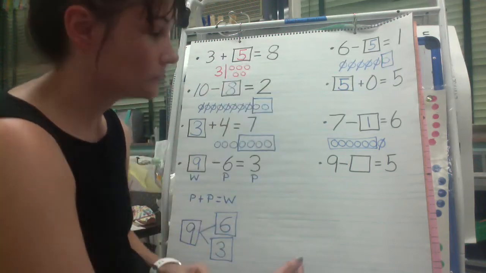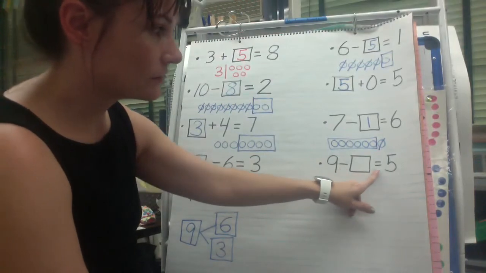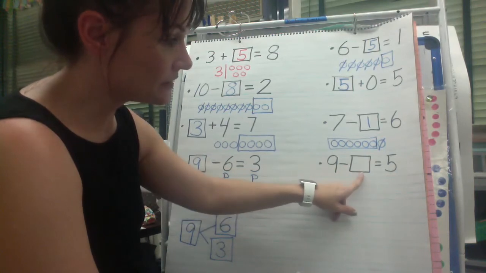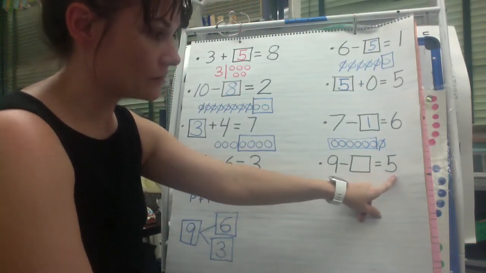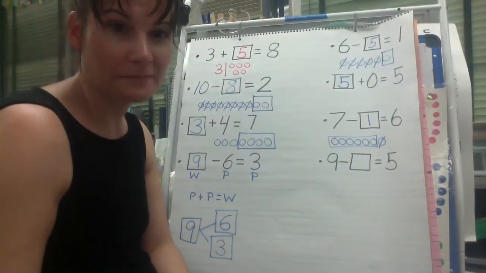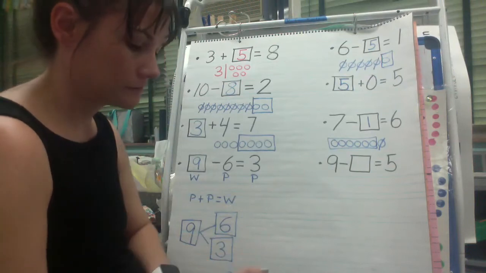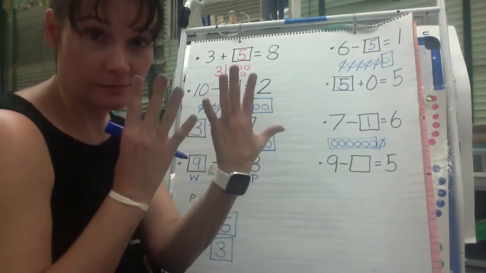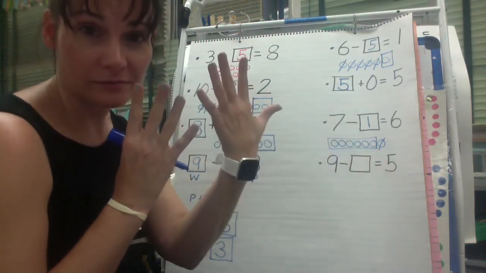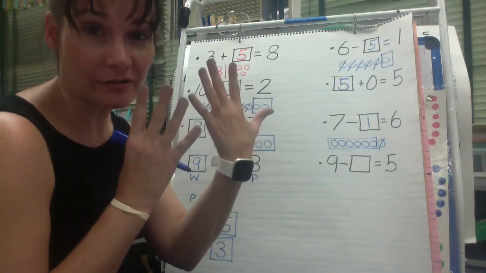Last one. 9 minus something equals 5. Take your time. If I had 9 and I'm going to end with 5, how many would I have to take away to get to 5?